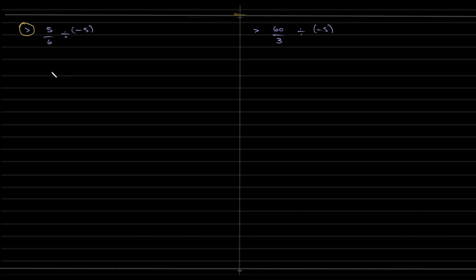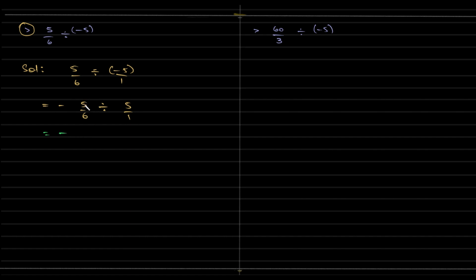Next question. So you can see there is a sign that we need to handle. There is only one sign, so the overall answer will be negative: 5 by 6 divided by 5 by 1. Now we just keep the sign aside and think about the number.